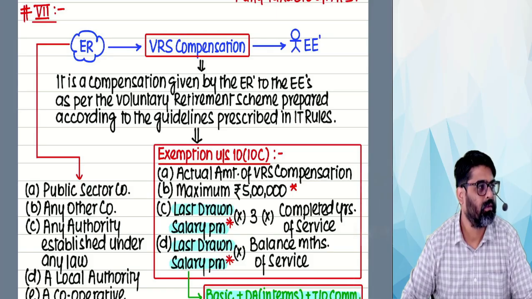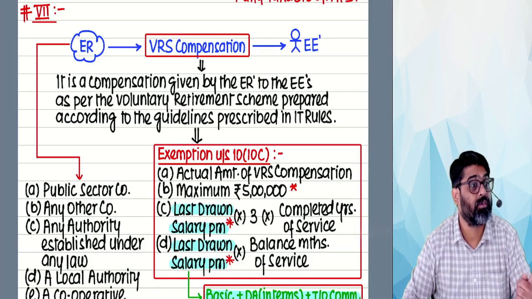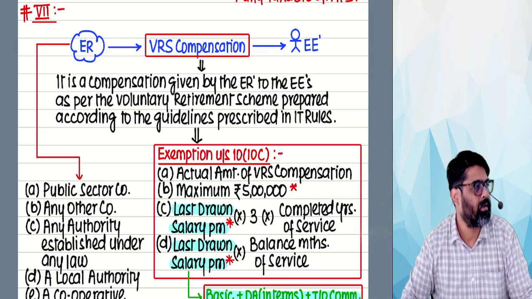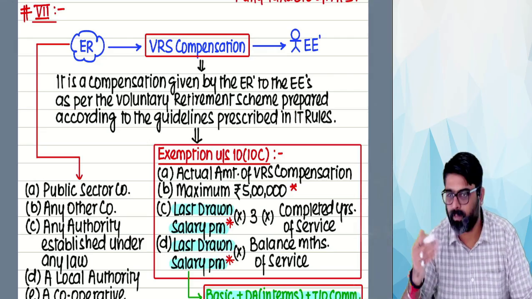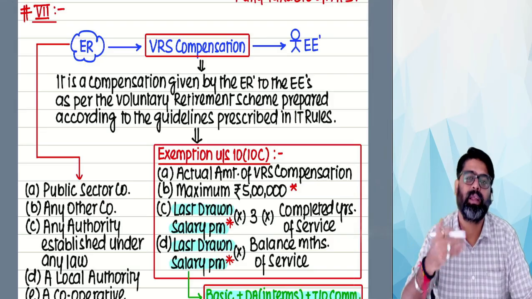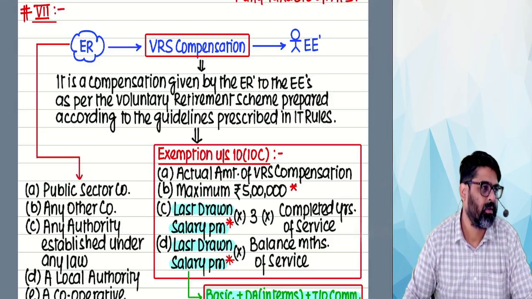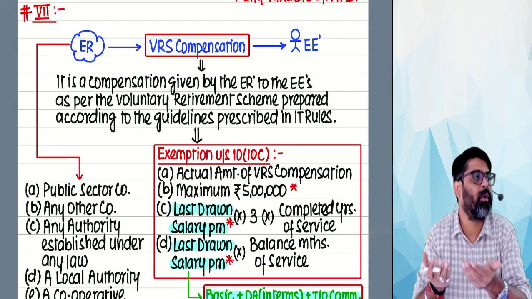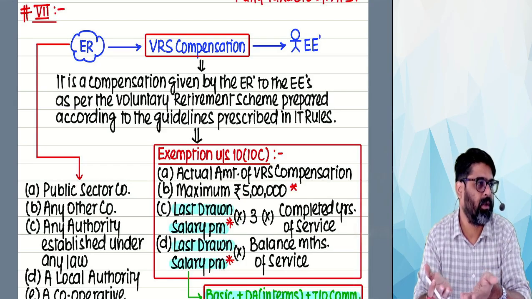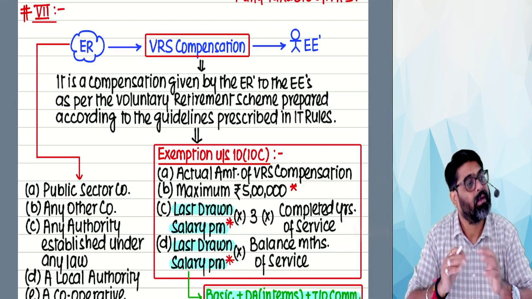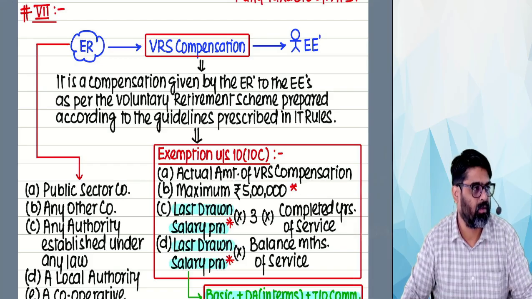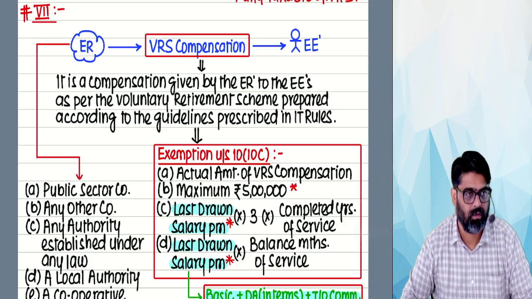Only if there is a scheme of the employer for such voluntary retirement. And as per that scheme, you were given an option that even before your actual age of retirement, you can take the retirement right now if you want.